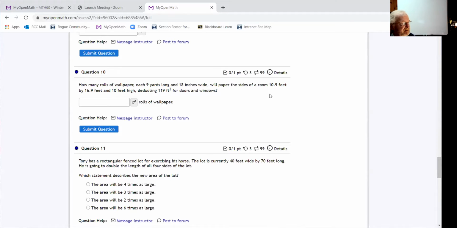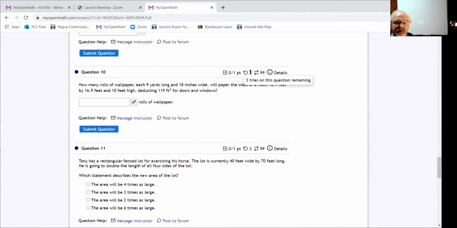Okay, I've got, say, 2 long sides and 2 short sides, imagining it's a rectangle, right? 10.9 feet by 16.9 feet. So there's the length and the width of that room, and then it's 10 feet high, right? So one wall would be 10.9 times 10 would be the area of one wall.